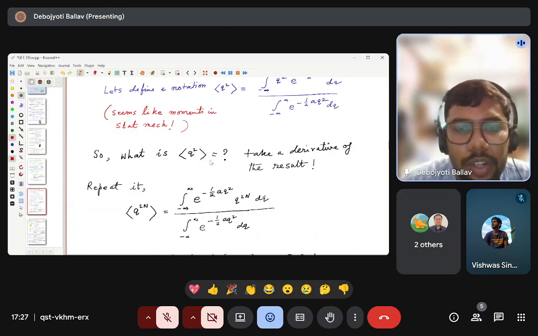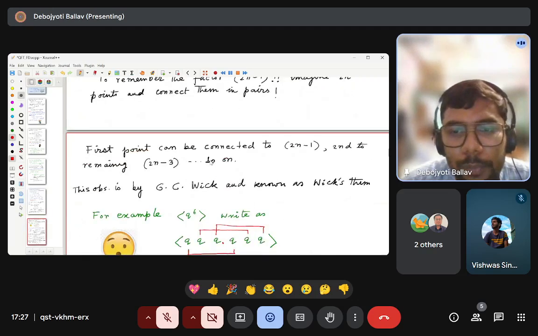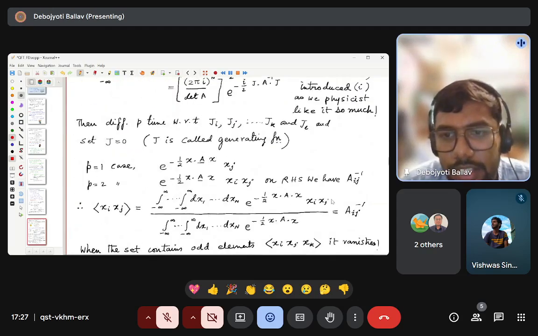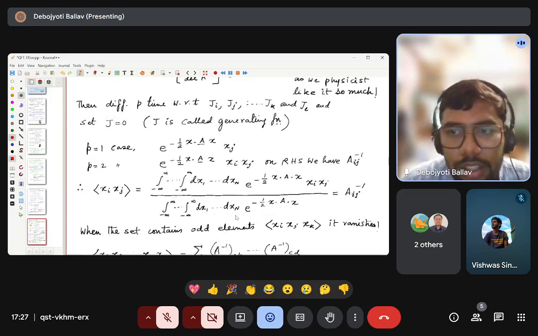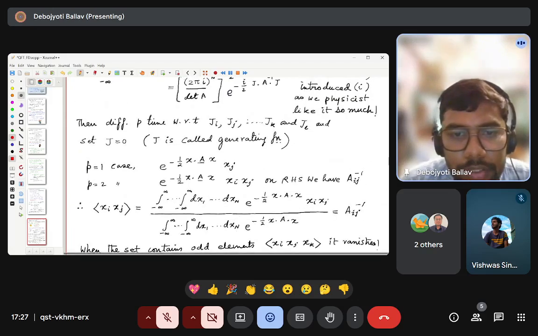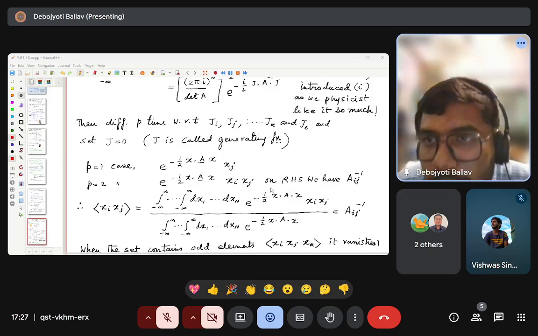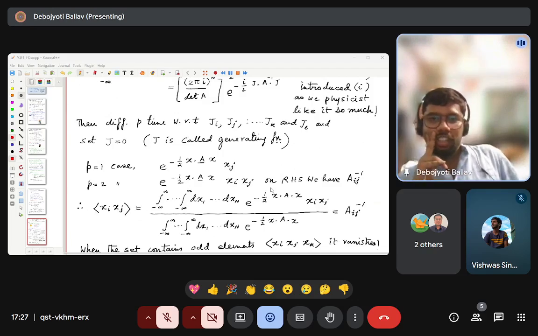Probably you have done the calculation by now, and you got the answer as 1 by a, which is nothing but aij inverse. Now if you take odd elements, they will just vanish. Can you see? If you have an odd number of elements like xi, xj, xk, they just vanish. Why will they vanish?